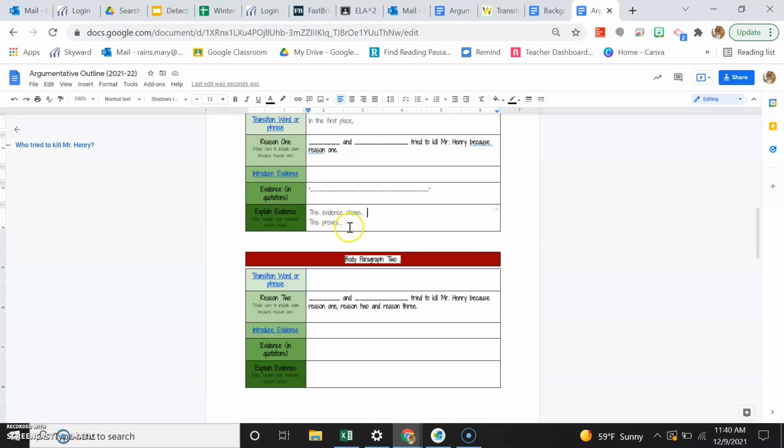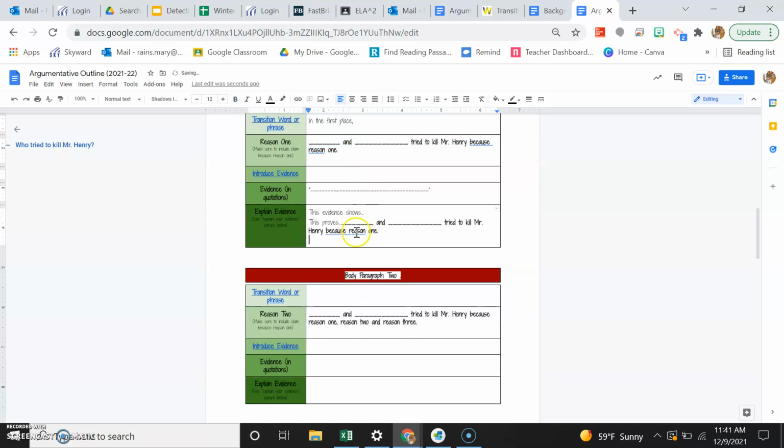And then the very last sentence that you guys have in each body paragraph should bring it back to your claim and the reason that you're arguing for. So what I mean by this is you need to say something like this proves or this shows, and then you can actually copy and paste what you already have up here, your claim because your reason, right down here into this sentence.